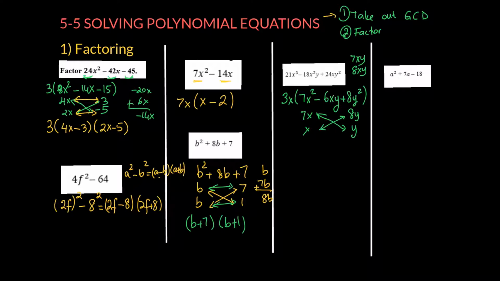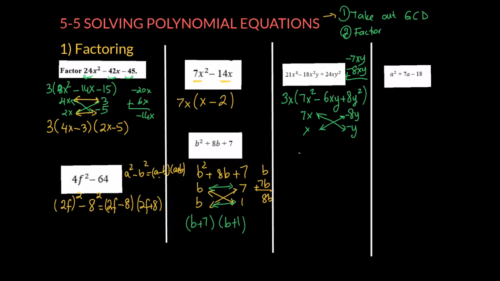If I add these together, I get 15xy. And if I try to change both of these signs, because I realize that this sign is negative, it still won't work because these are going to be negative, and if I add them together, it's going to make negative 15xy. So that means these numbers are not right.